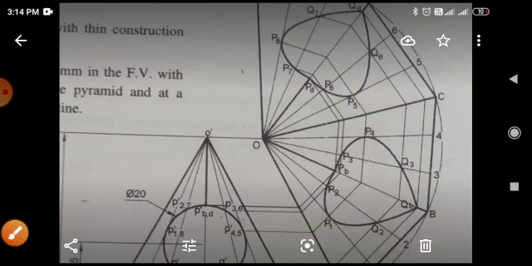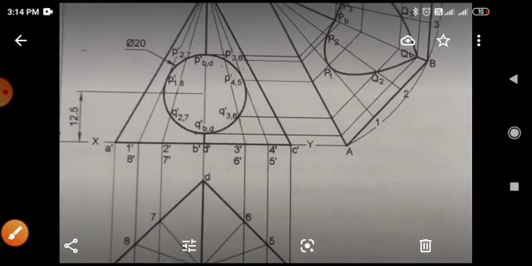Next, depending on the complexity of the figure, you have to take projections. If the figure is much more complicated, or the curves are quite complicated, then you have to take quite many projections.